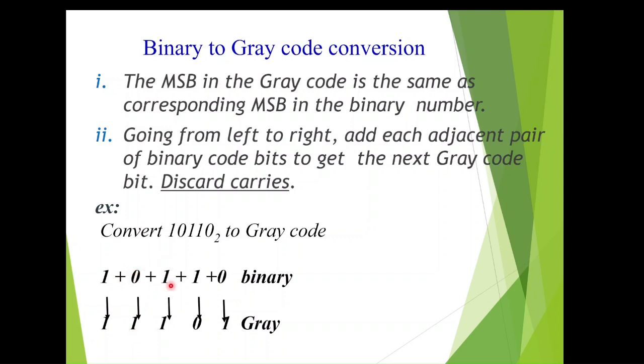Similarly, 0 plus 1 is 1. Then 1 plus 1 is actually 2, that is 10; we discard the carry 1 and take only the sum, 0. 1 plus 1 is 2, that is 10: 0 I am keeping, 1 I am discarding. So 1 plus 0 is 1. That's how we get the Gray code.